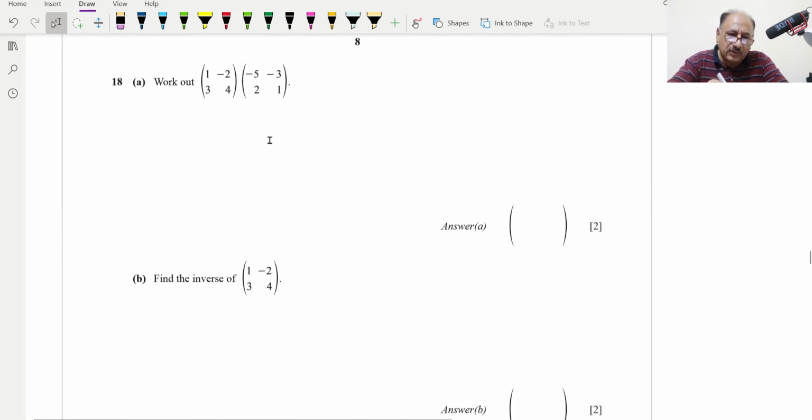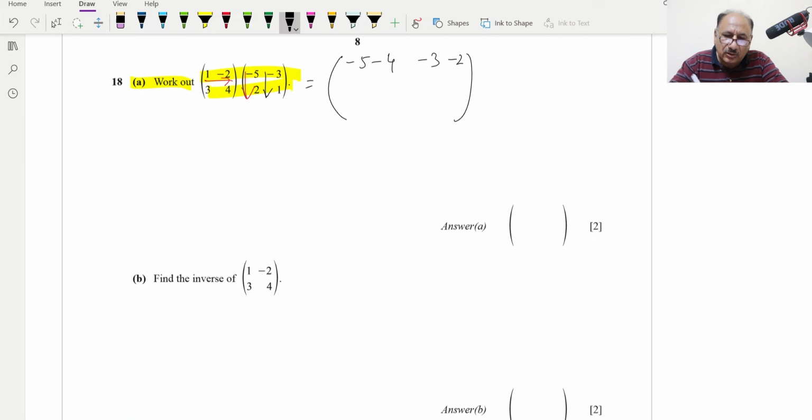Question number 18, we have to multiply these two matrices. First row, first column: 1 into minus 5 will be minus 5, and minus 2 into 2 will be minus 4, so this will be equal to minus 9. Next term, first row, second column: 1 into minus 3 will be minus 3, and minus 2 into 1 will be minus 2, so minus 5.